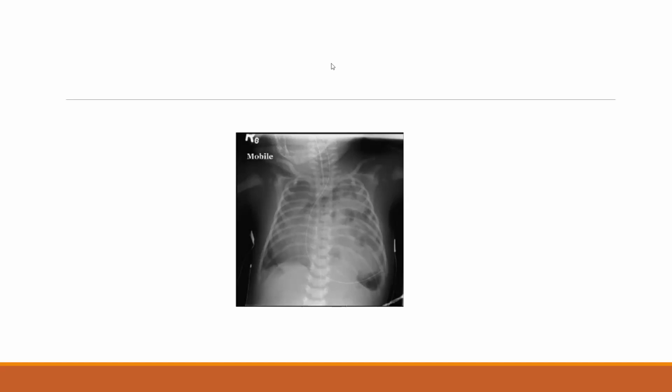You will get an eventration X-ray subsequently, and at that time you can identify it. And you see that the NG tip comes into the hemithorax.